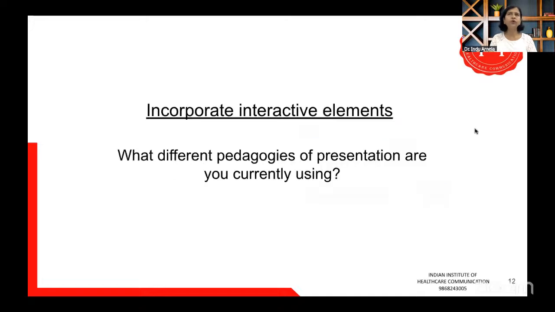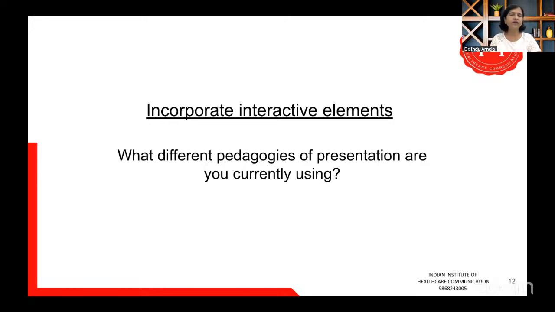Now, once you have decided what you want to cover or talk about, very important here is to incorporate interactive elements. I think this is where I want you to focus more.